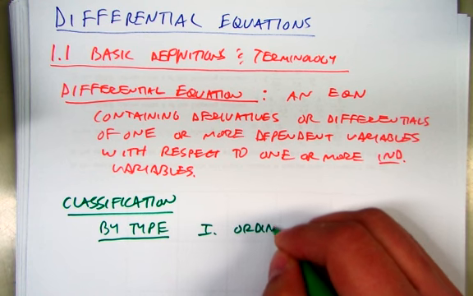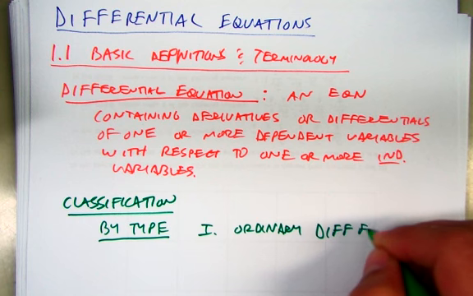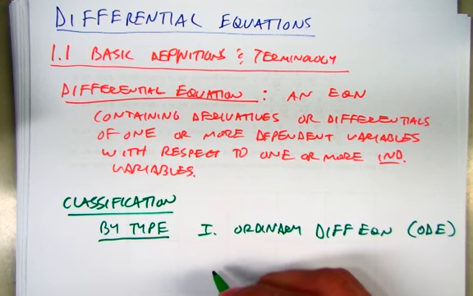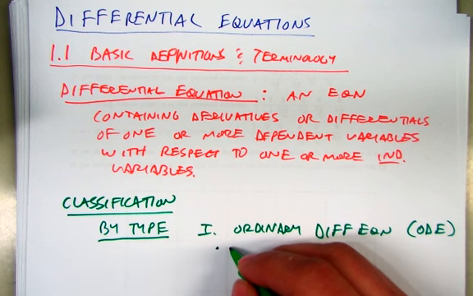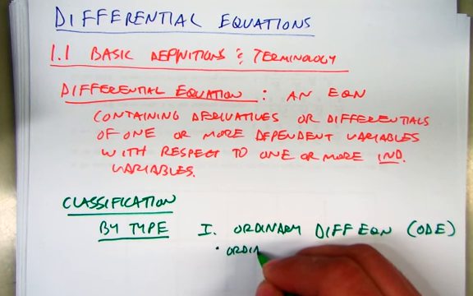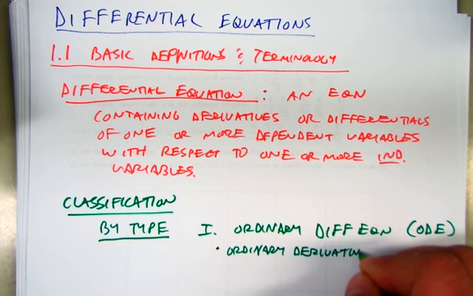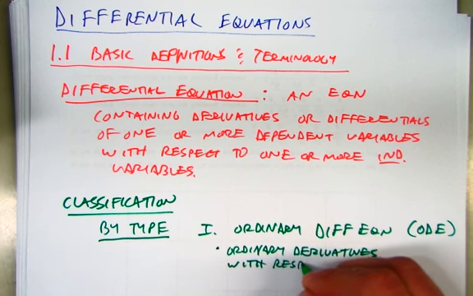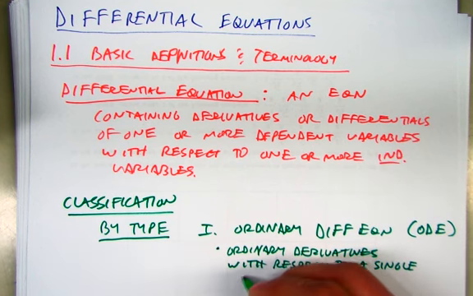We say an ordinary differential equation, which you'll hear referred to as an ODE. And it's pretty much what it sounds like. It has ordinary derivatives with respect to a single independent variable.